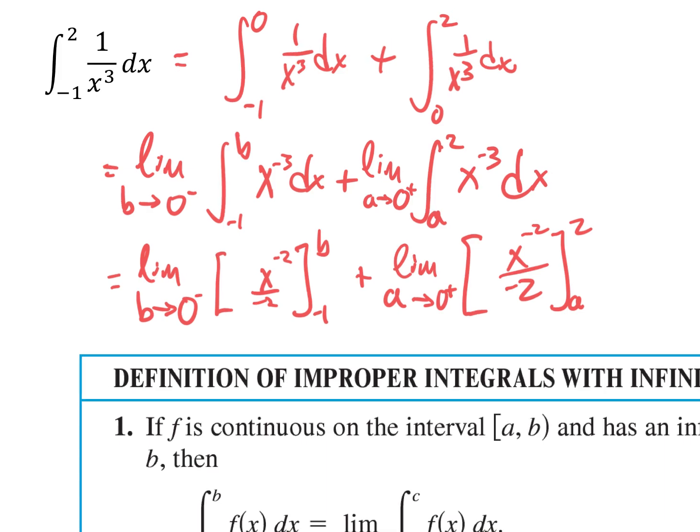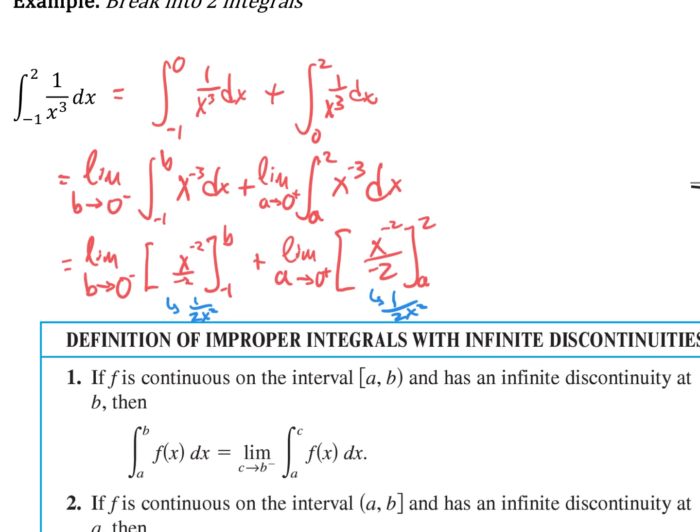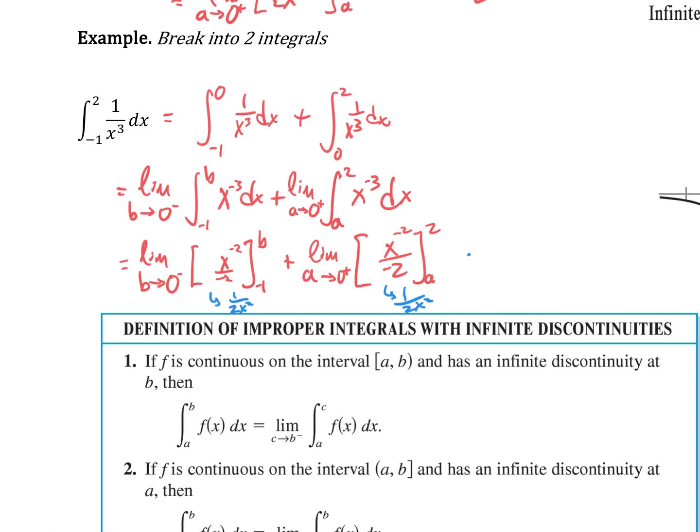Well, what's going on here? We may want to rewrite this. This is the same as 1 over 2x squared. So as we think about that, we have the limit as b goes to 0.